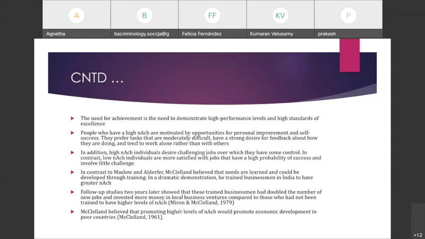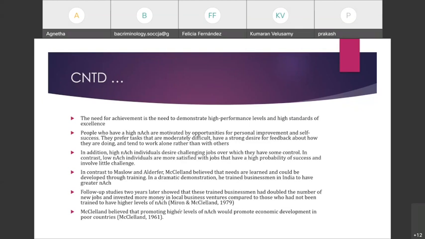The studies found that trained businessmen tended to get more new jobs, invest more money in businesses, and earn more when compared to non-trained businessmen. So this proved that through training, people could achieve the need for achievement.